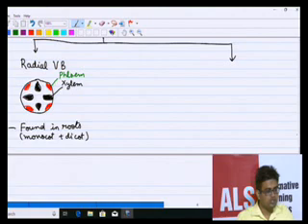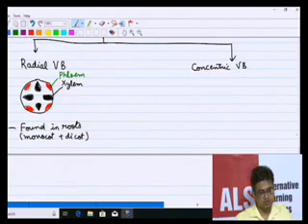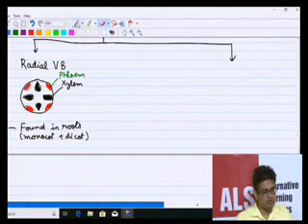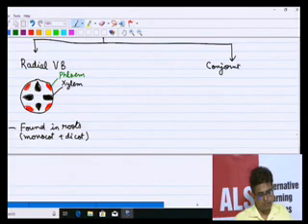The other kind of vascular bundle is the concentric vascular bundle. And there is another type of vascular bundle called conjoint vascular bundle. In this, both xylem and phloem are present on the same radius.